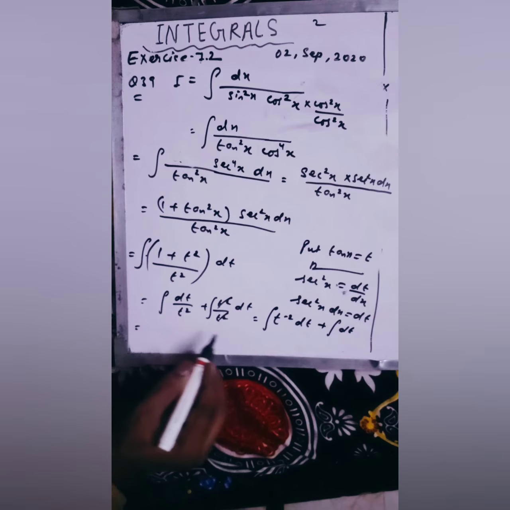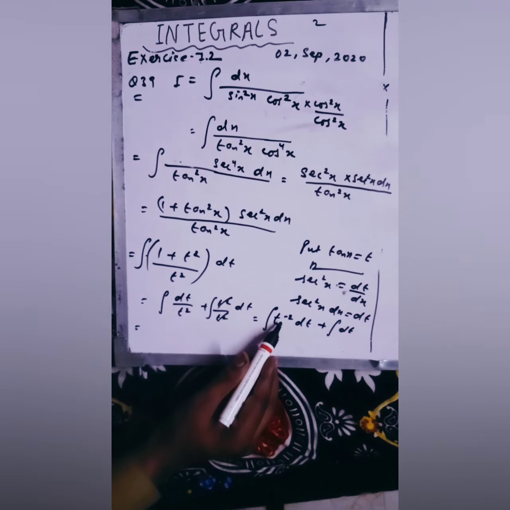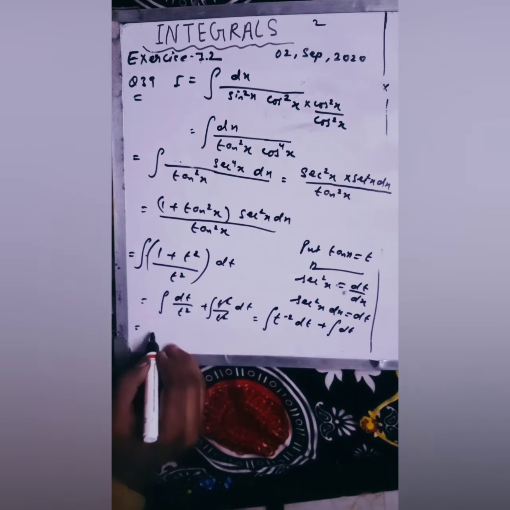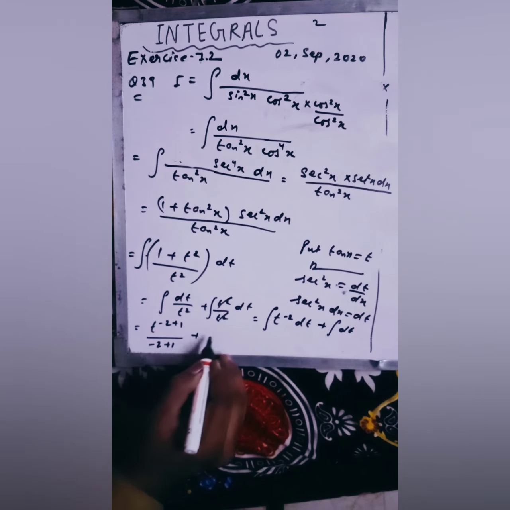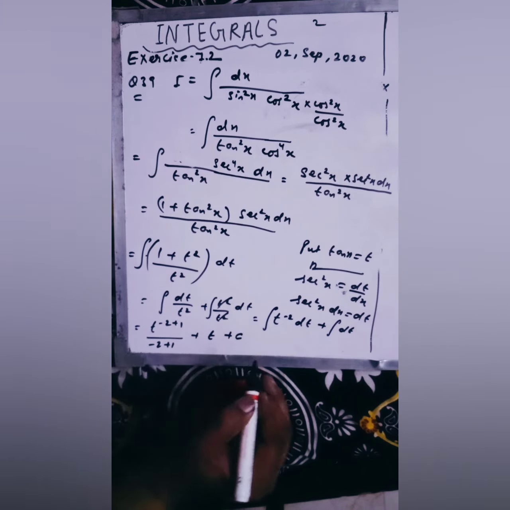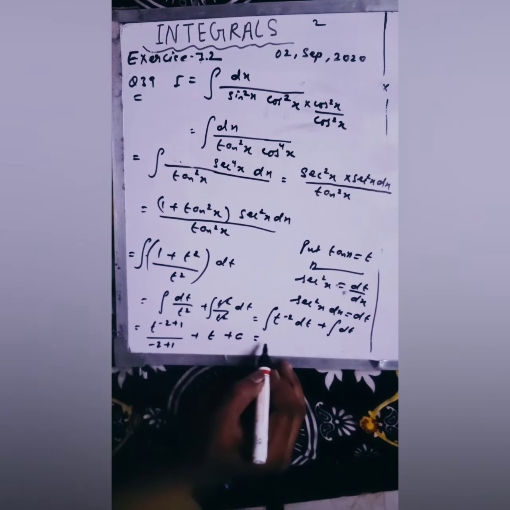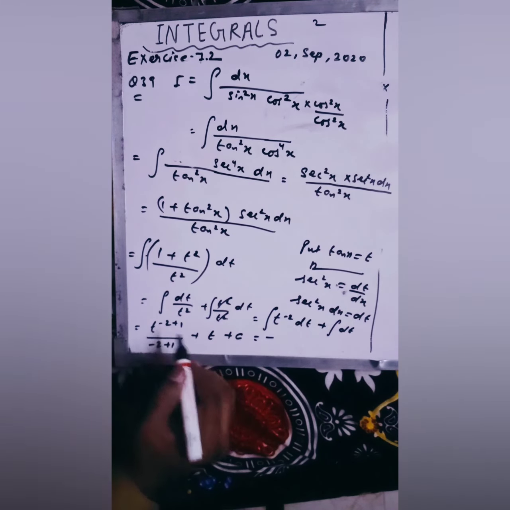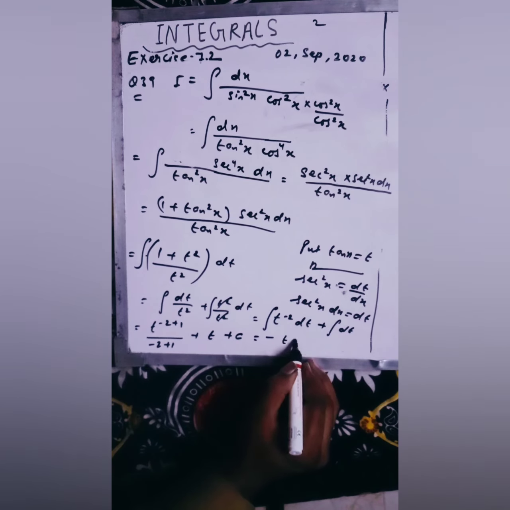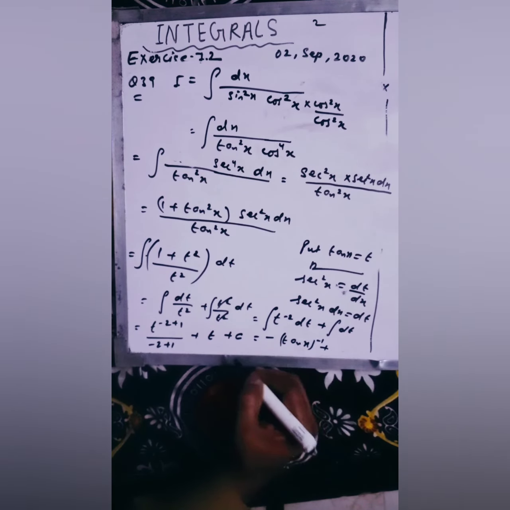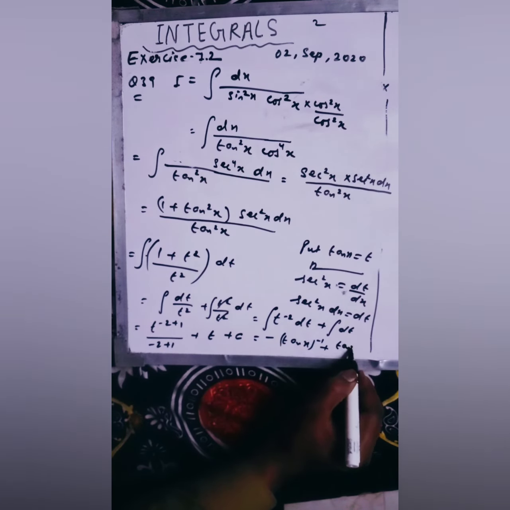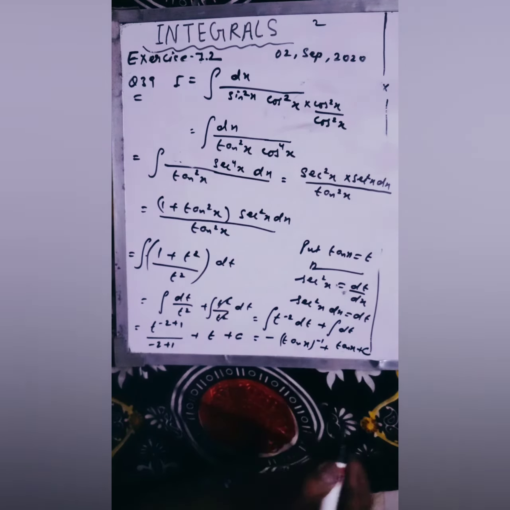So the integral of t raised to power minus 2: you have to add 1 to the power, minus 2 plus 1, and divide by the same power, plus here you will get t only, plus c. Now here you will get t raised to power minus 1, and your t was tan x, so you will write tan x raised to power minus 1, plus this t is your tan x, plus c.